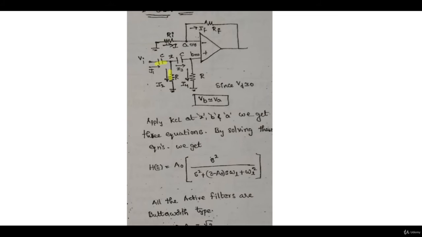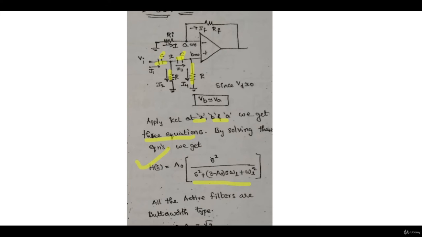If you apply the same analysis we have done before at X, B and A and combine those equations, you will get H(s) equal to A0 s squared divided by s squared plus (3 minus A0) s omega L plus omega L squared. Since the calculation will be complicated, the transfer function is written directly, and all the filters are of Butterworth type.